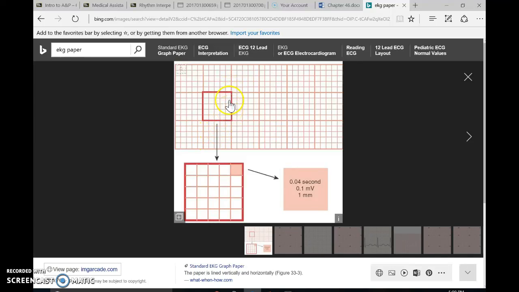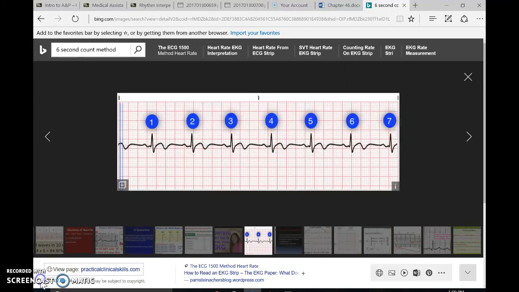Now, height-wise, the big square is 0.5 millivolts, and the teeny tiny square from here to here equates to 0.1 millivolt. Alright? So we use all of these numbers to calculate our waveforms, and that is what we're going to start on next.